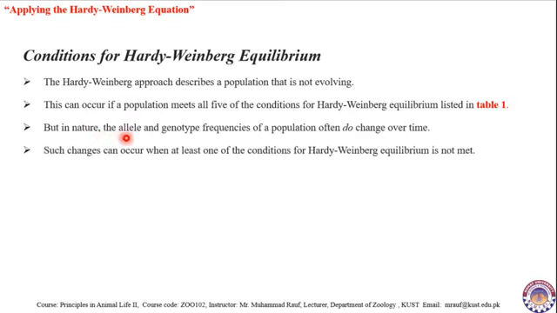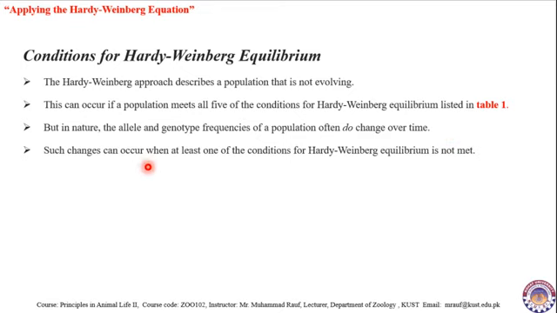But in nature, the allele and genotype frequencies of a population often do change over time. A natural population living in the wild environment is subject to change with the passage of time. Certain factors in the environment influence changes in genotype and allelic frequencies of a natural population.